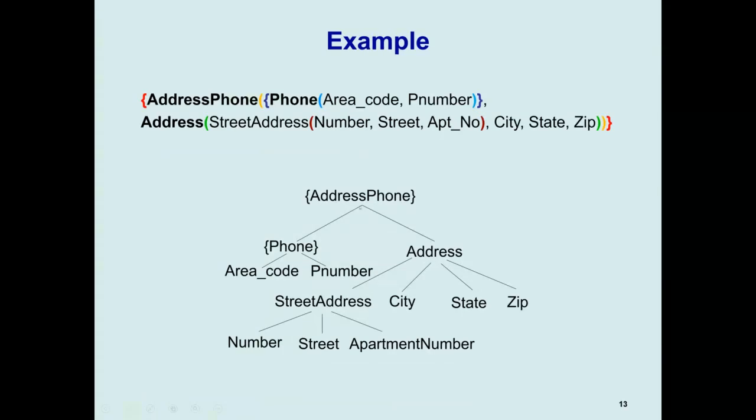If we draw this hierarchy, we end up with a tree-like hierarchy to represent the address phone attribute. So address phone in this case is a multi-valued composite attribute, and each component of the address phone can further contain multiple components and so on.